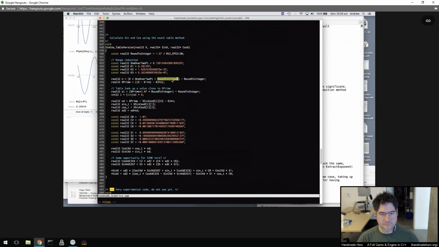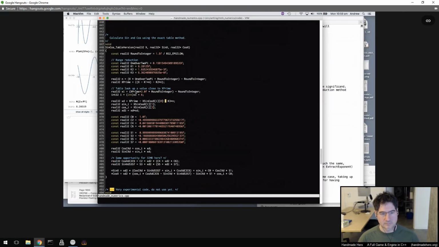And there's that x times 1 over 2 pi plus round to integer minus round to integer, and then it does this down of range reduction using only K1 and K2. And then I use K3 here to adjust the answer.